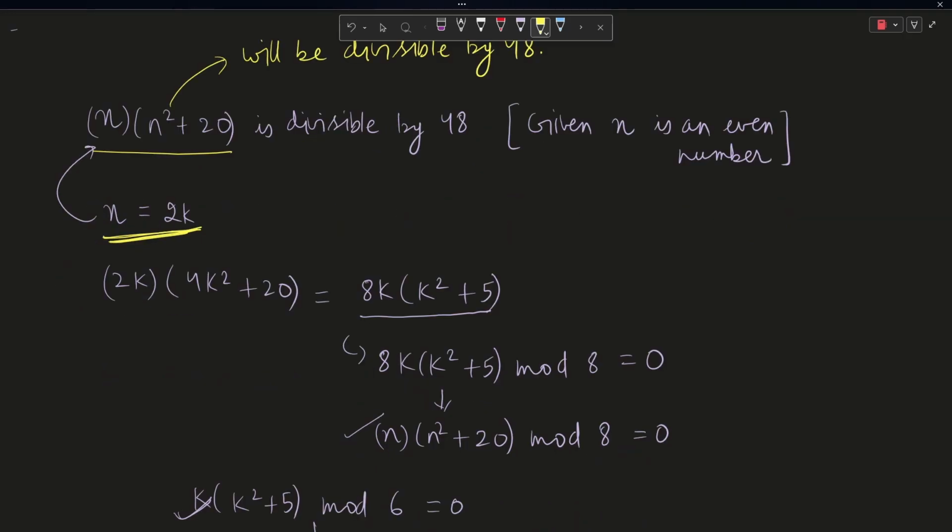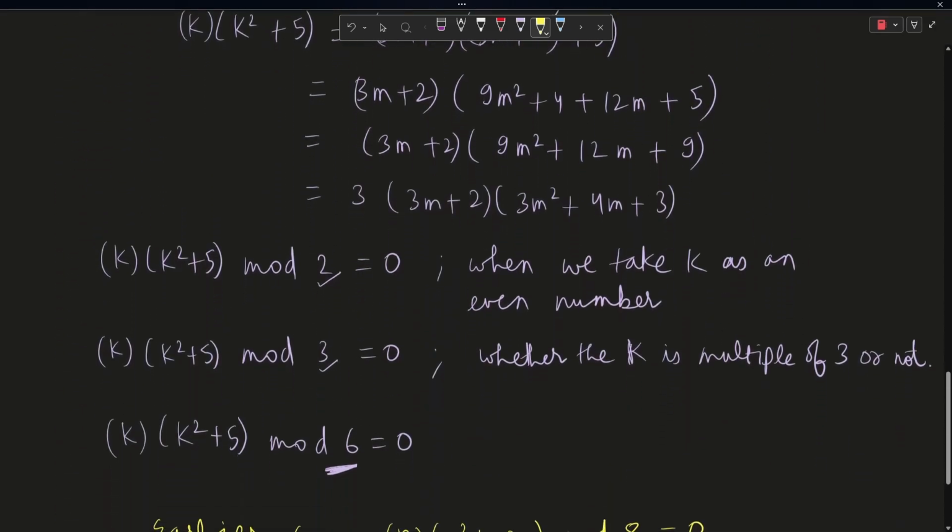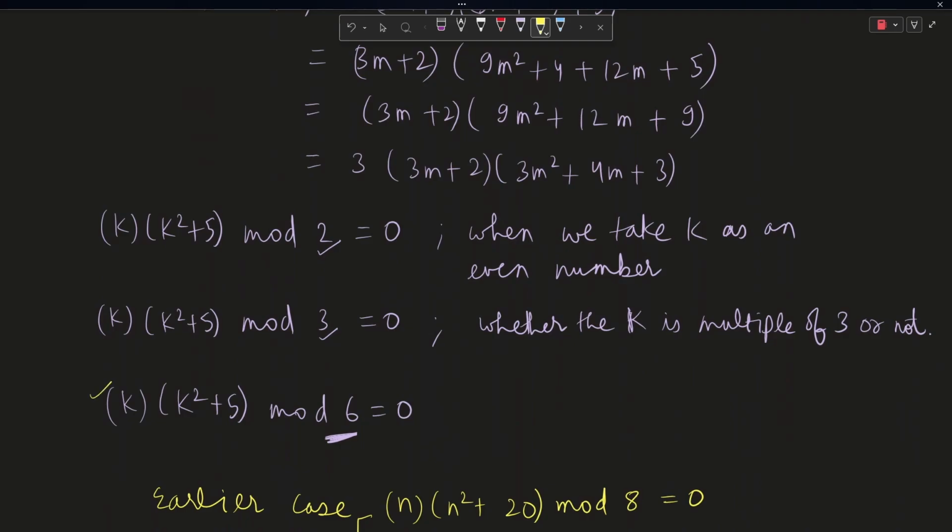So being an even number, we have calculated that it is 8k into k square plus 5, and k into k square plus 5 is itself a multiple of 6, that we have also proved.